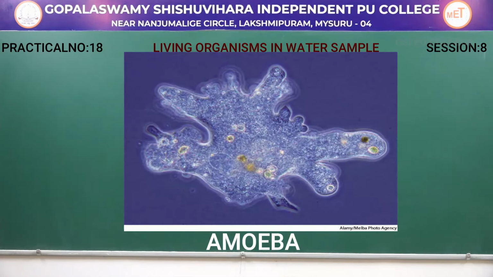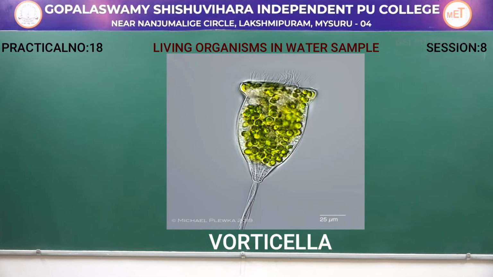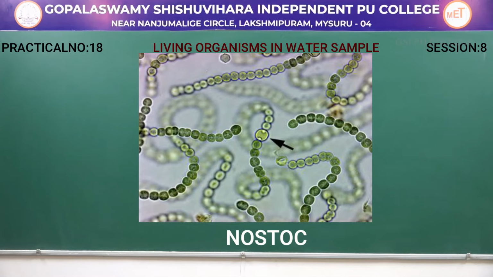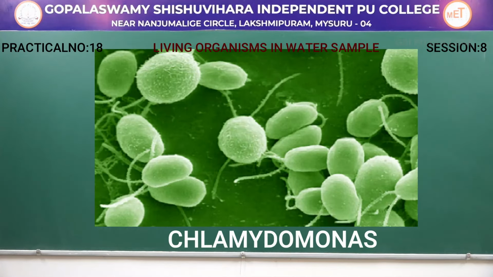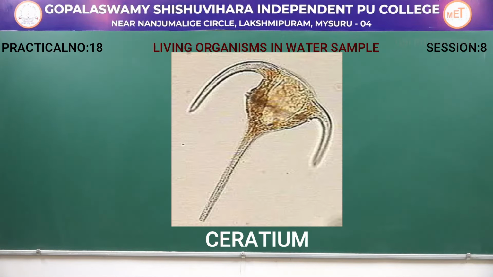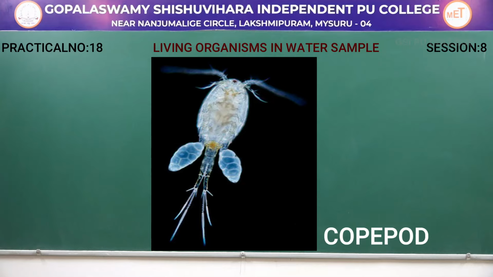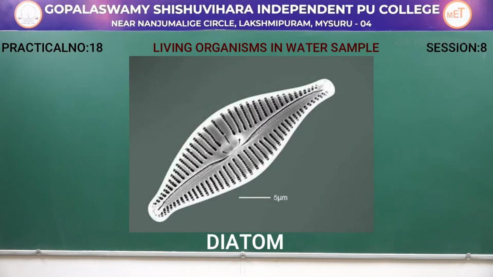The different types of organisms which are commonly found in any of the water samples, in the screen you can see the living organisms like amoeba, paramecium, vorticella, euglena, nostoc, oscillatoria, chlamydomonas, ceratium, daphnia, copepod, rotifer and diatoms.